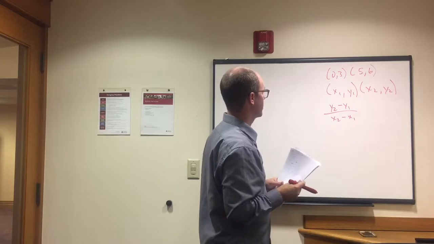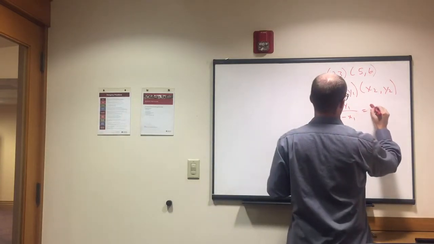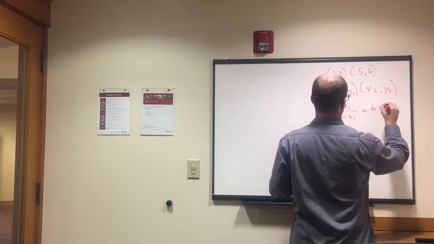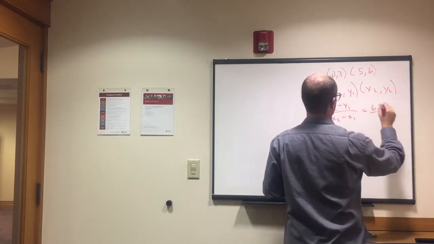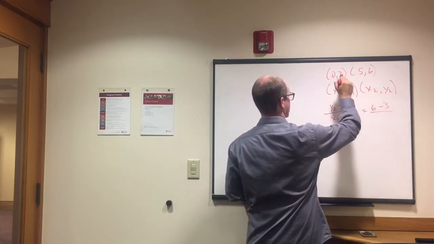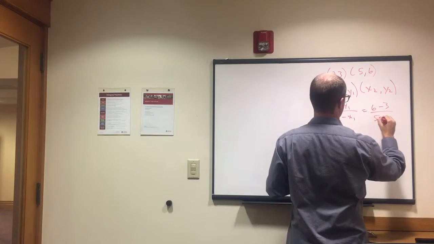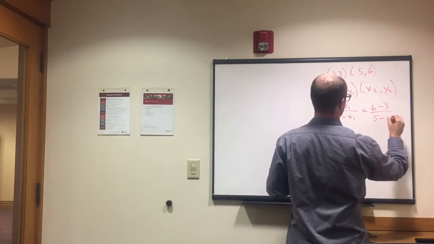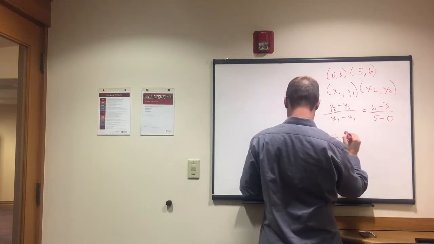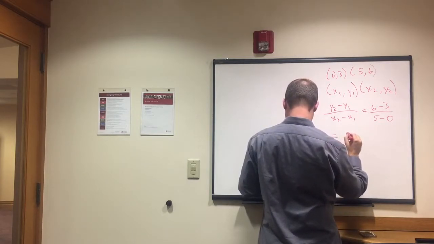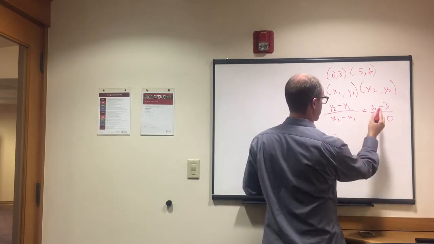Okay, and so what is that? If y2 is 6 minus y1 is 3. That's y2, 6, y1, 3. x2 is 5 minus x1 is 0. Okay. Sorry, we're still good here, right?